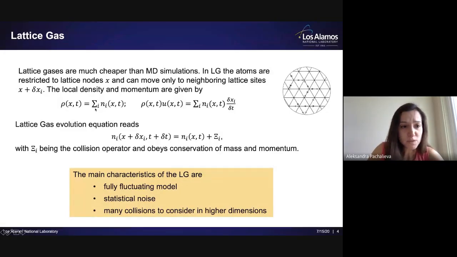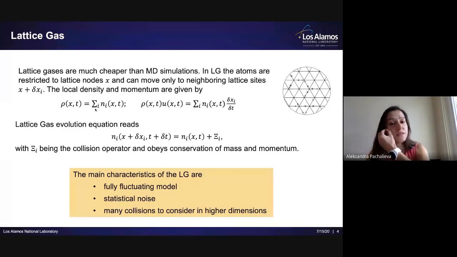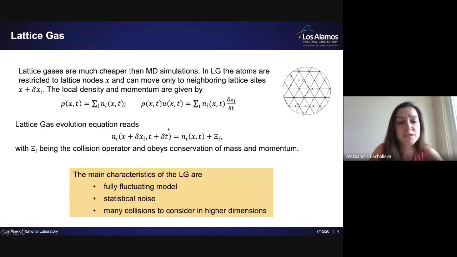These lattice gases are described by this evolution equation, where the n_i are occupation numbers, which at early times were Boolean numbers. Later on, different lattice gases used integer numbers, and that was a breakthrough because it fixed a couple of problems of lattice gases. And here is our collision operator, which also conserves mass and momentum.